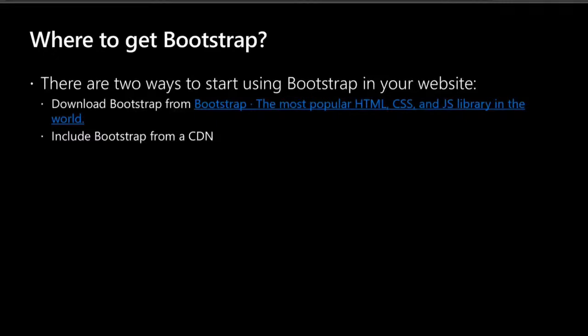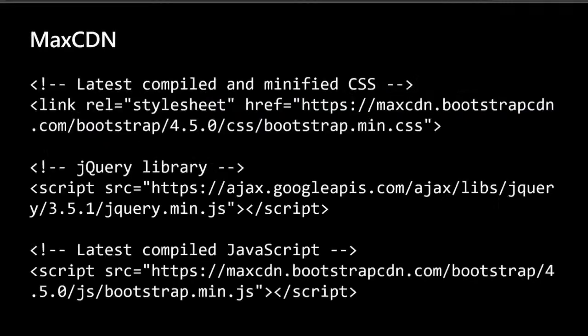If you want to download Bootstrap, you will go to this download button, and a zip folder will be downloaded on your system, and you can simply link that in your HTML page, or you can just copy the CDN and paste it in your HTML page. This is the CDN for Bootstrap, and now we will explore Bootstrap.